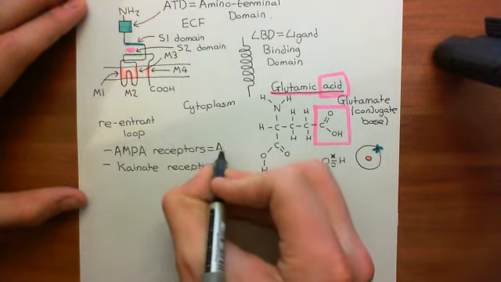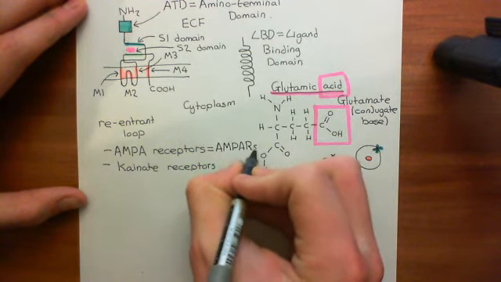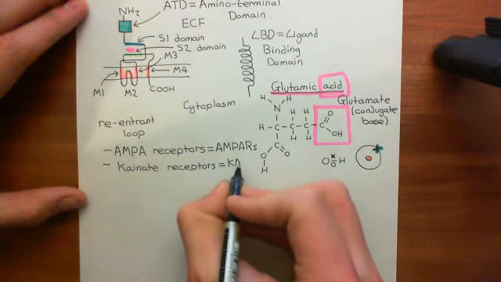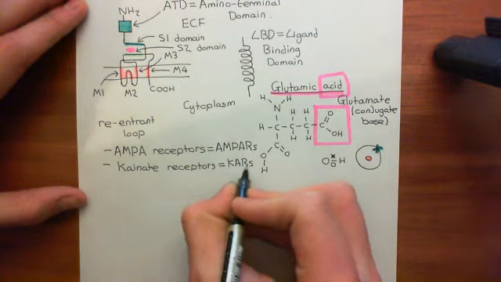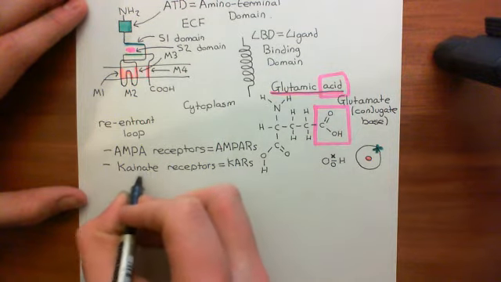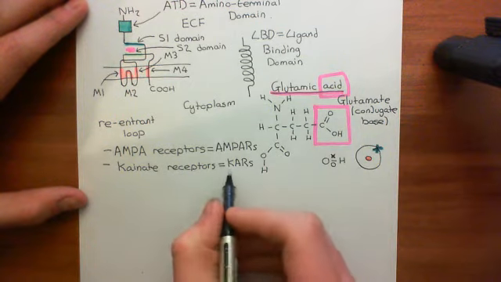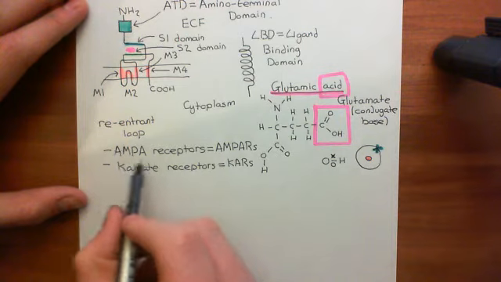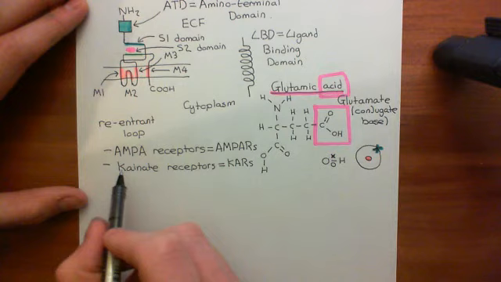Kainate receptors are often abbreviated to KARs, which stands for kainic acid receptors. So again, kainate is the conjugate base of kainic acid, so they're very much related. Both of these are named after agonists that we have found for them. So AMPA is some chemical which is an agonist for AMPA receptors.